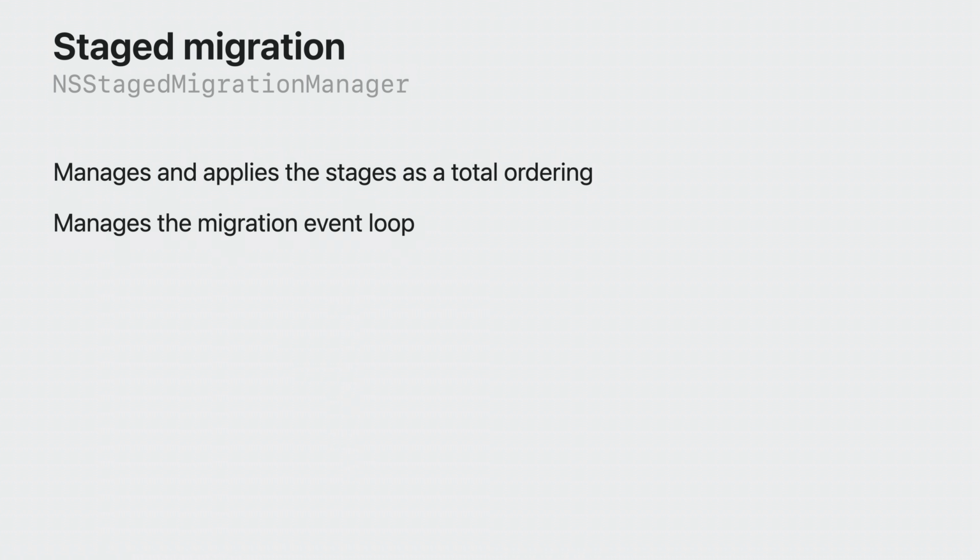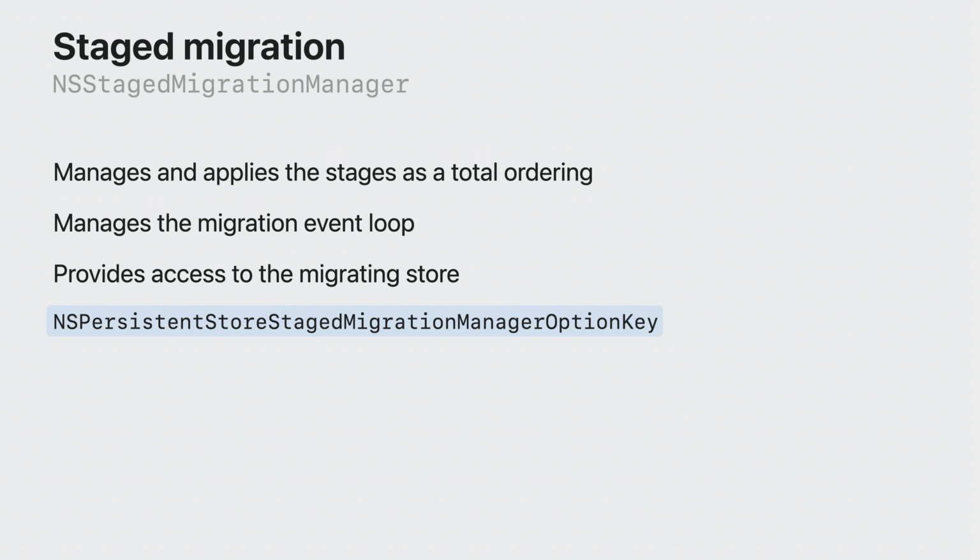The StagedMigrationManager also manages the migration event loop and provides access to the migrating store via an NSPersistentContainer. The manager is added to the store options using the key NSPersistentStoreStagedMigrationManagerOptionKey.